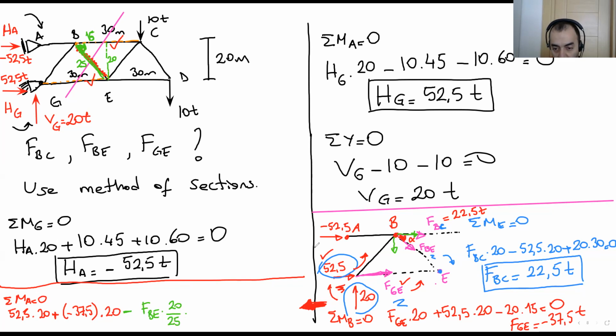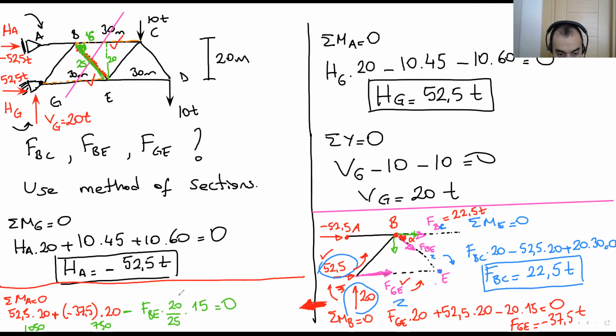This is the force times distance. What is the distance? Distance is 15 meter. 15 meter equals 0. Let me check the forces times 20. This part is 1050. Here, this is over 25.